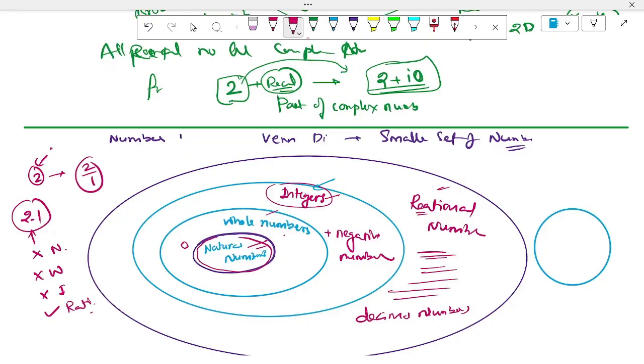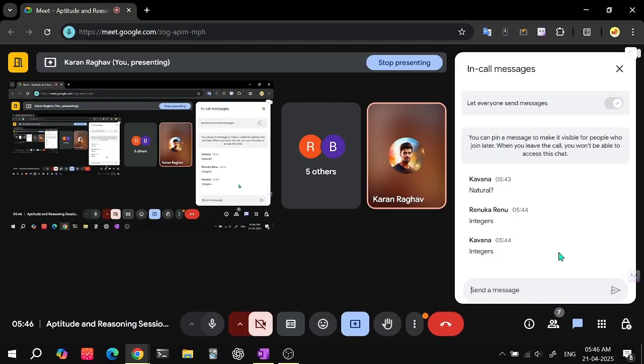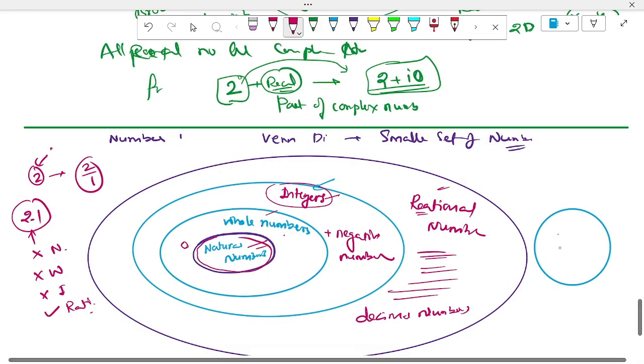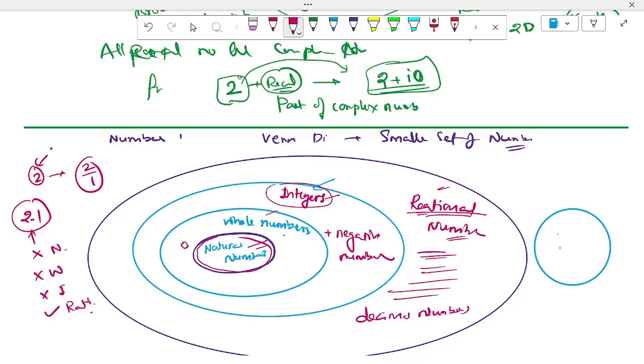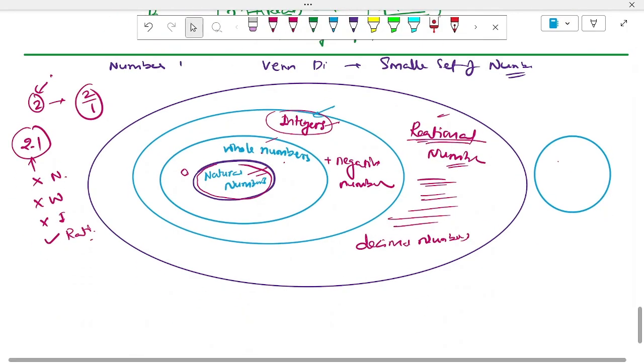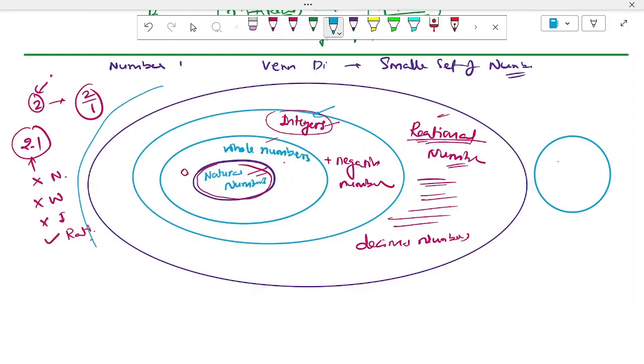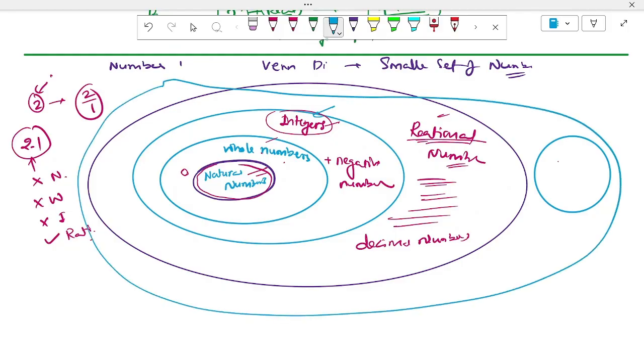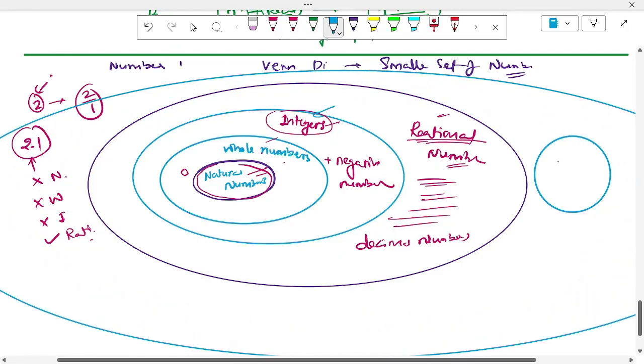Okay. Can you tell me what will come in this circle? Guess. This circle is rational numbers. I am going to draw one more circle here above all of this. This way.